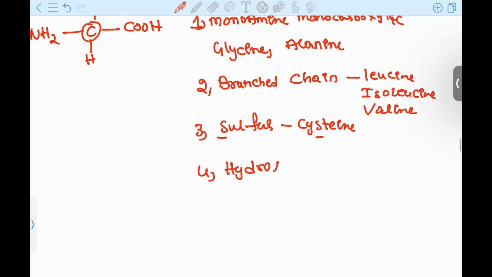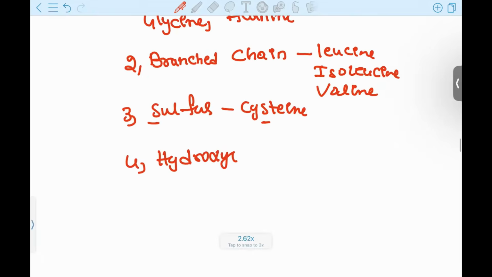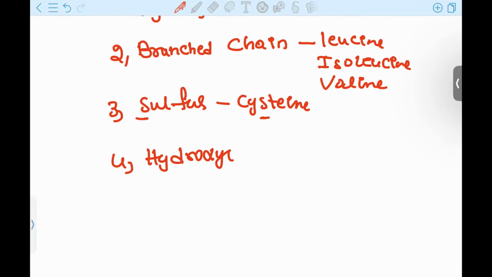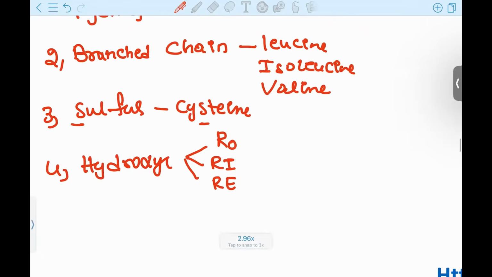The hydroxyl group is present in three types. How can you remember? Rho, Re, Re. Your tyrosine, and your serine, threonine.